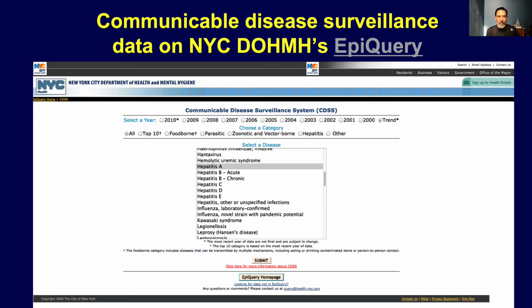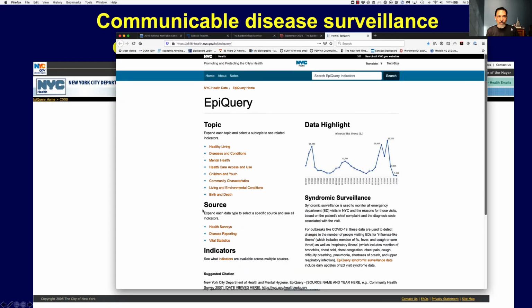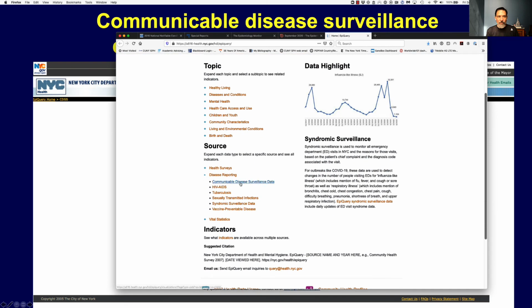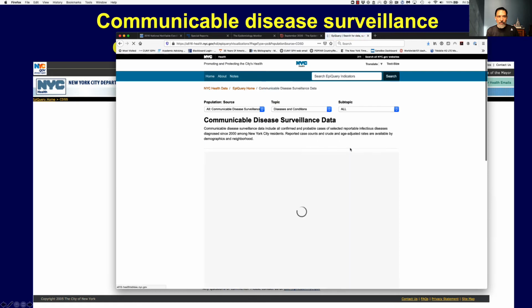Just to show you here, you can go to the city website and see some of the data that comes from these surveillance systems and registries. It's a system called EpiQuery. I'm going to try to get us there now so you can get a sense of what it looks like. So you can go into the disease reporting and look at the communicable disease surveillance data, for example, here.